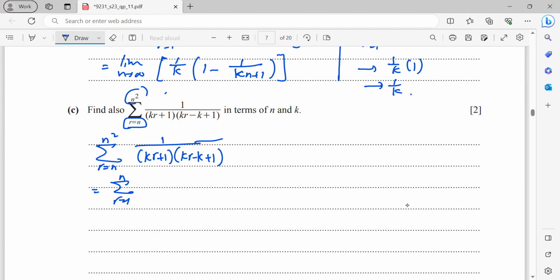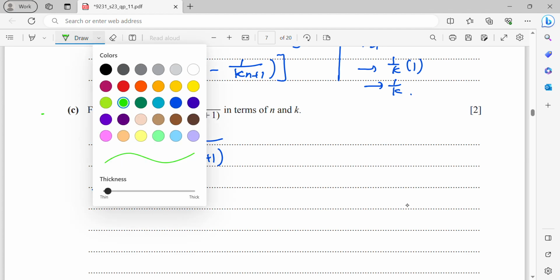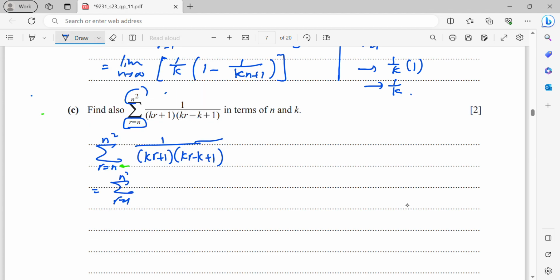Now you see, we need to count the sum starting from n until n squared. That means I will use the total sum. So from 1 to n squared for the whole rational function, then minus the previous sum. So the previous sum will be r from 1 until n minus 1.